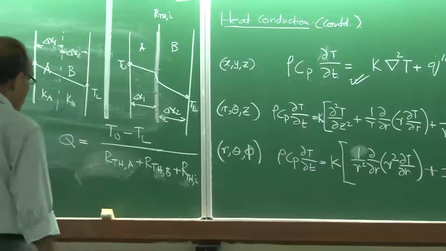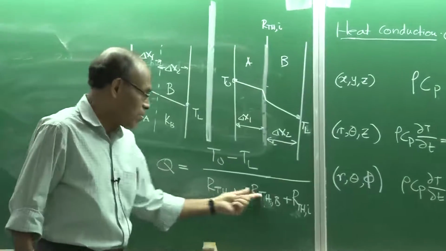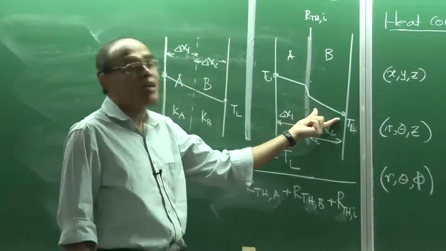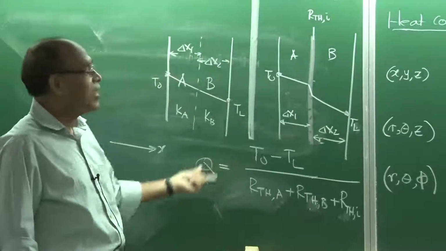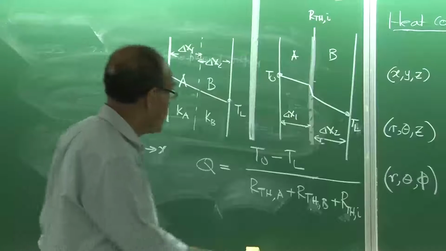Okay? So, therefore, if you know the contact thermal resistance of A plus the thermal resistance of B, in that case we should be able to find out the heat flux in this particular case, or the net rate of heat flow which takes place here.